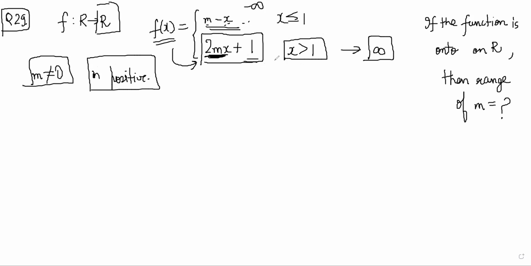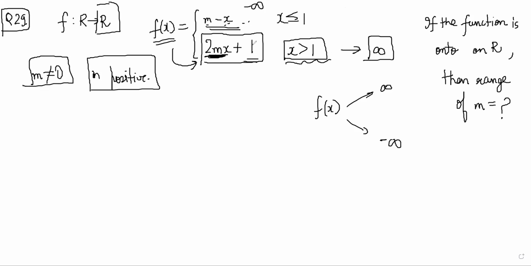You understand what I'm saying? f(x) has to reach plus infinity also, and f(x) should reach minus infinity also, right? So how will it reach plus infinity here? First of all, m should be positive and m should not be 0. Then after that, for large values of x, it will reach whatever number you want.